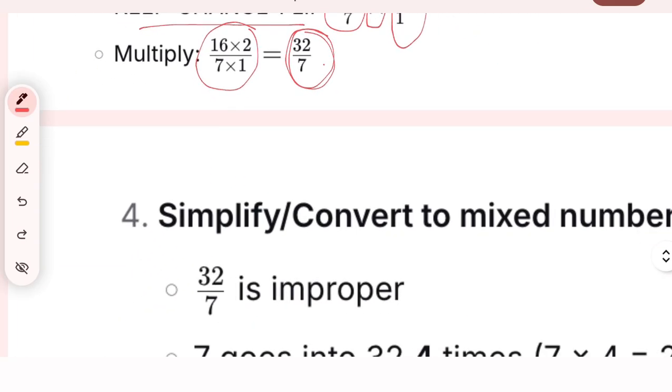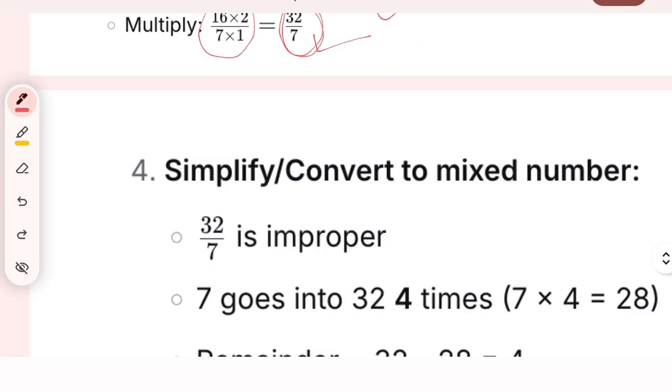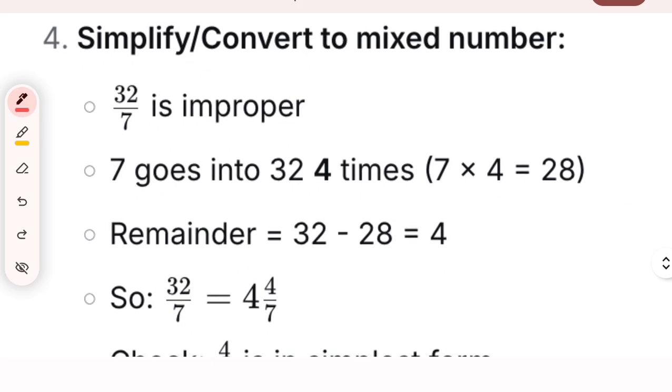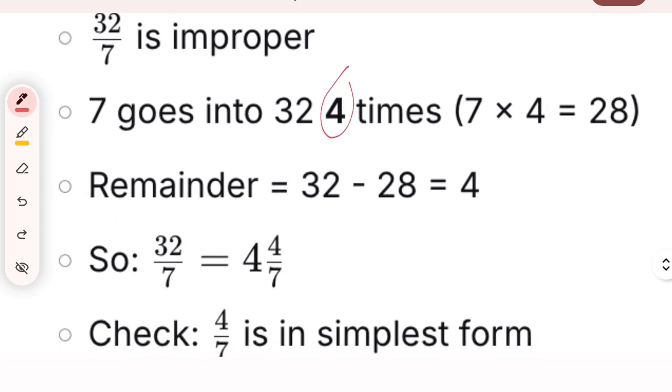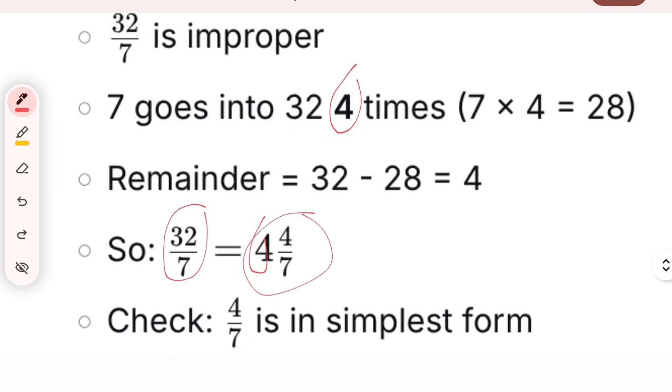But since this is an improper fraction, you need to change it into a mixed number. So you just have to divide 32 by 7. The answer there is 4, and there is a remainder, right? And the remainder is also 4. So 32/7 is actually 4 and 4/7.